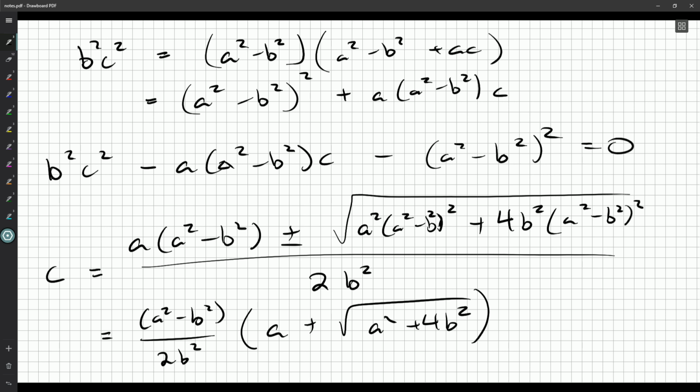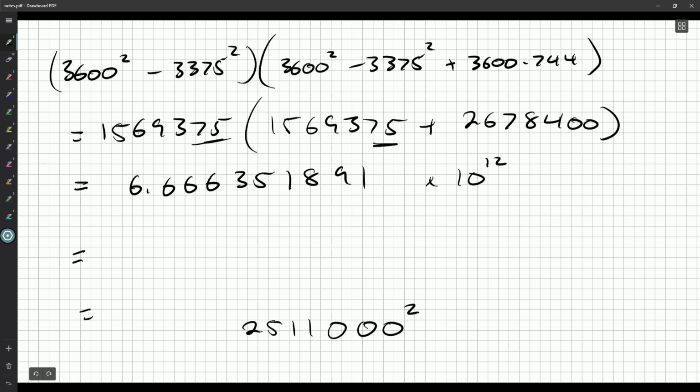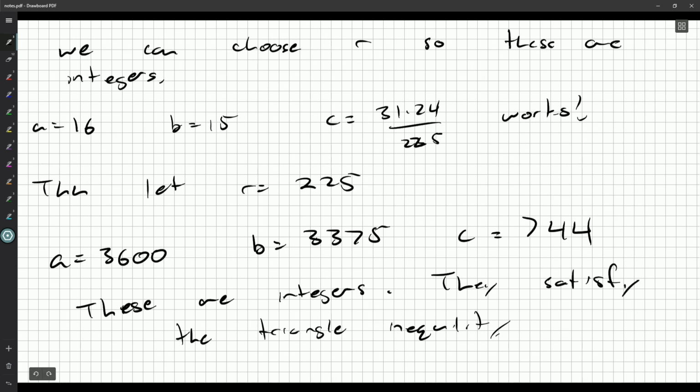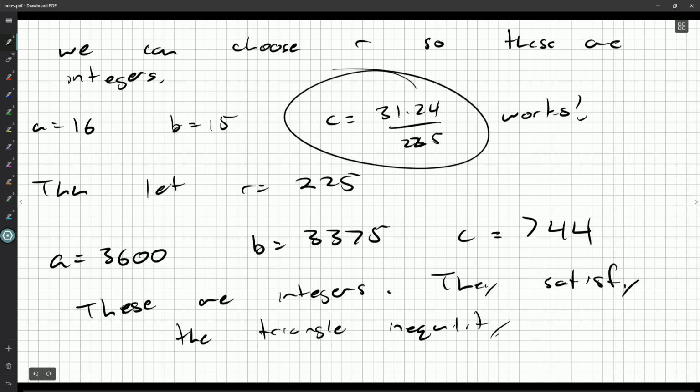So if I plug in C here, so if I take my 3600 and I square it, and I subtract my 3375 and square it, yeah, so what I'm trying to do, I'm trying to plug in the A and the B, because clearly they don't have the right relationship for the C here, which is a shame.